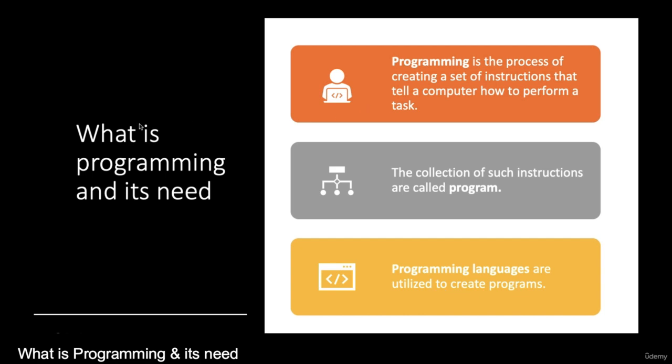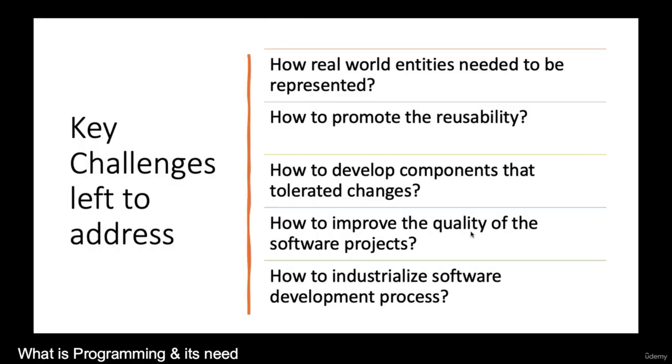So, three basic concepts we are discussing in this slide. First of all, what is programming? Programming is creating a set of instructions to tell a computer how to perform a task. Those instructions, collectively, are called a program. And programming languages are utilized for creating these kinds of programs.